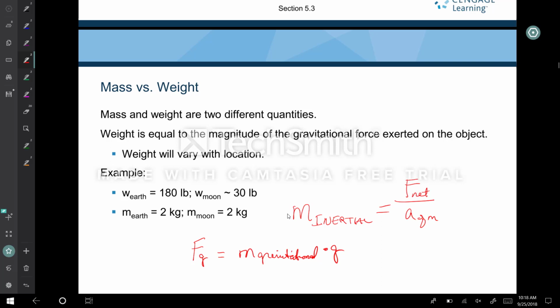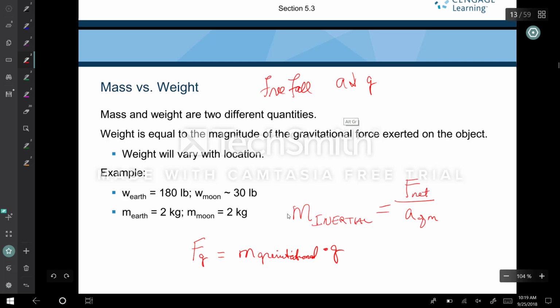We have seen for free fall that the acceleration is down and it's equal to g. Yes?